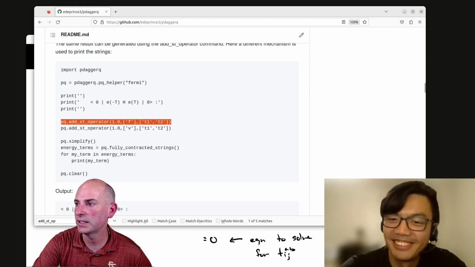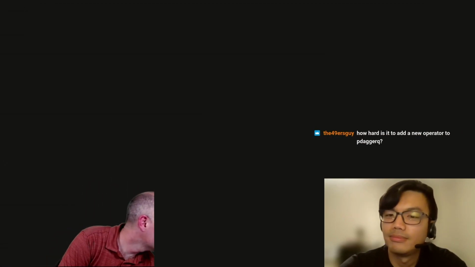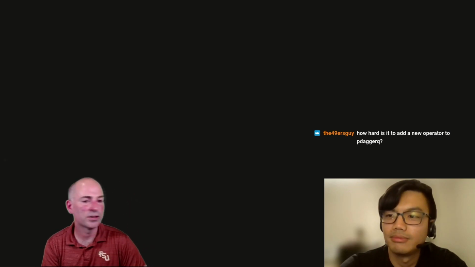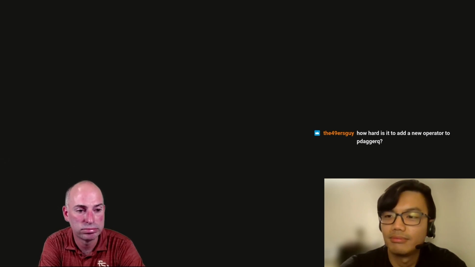Okay, so now we get to see how hard is it to add a new operator to PDaggerQ? It depends on what the operator looks like. Probably pretty hard. But it's already got a lot, I can't think of any operators that it needs. It's got 1 and 2 electron operators, and you could define a 3 electron operator, I guess, using the existing tools.